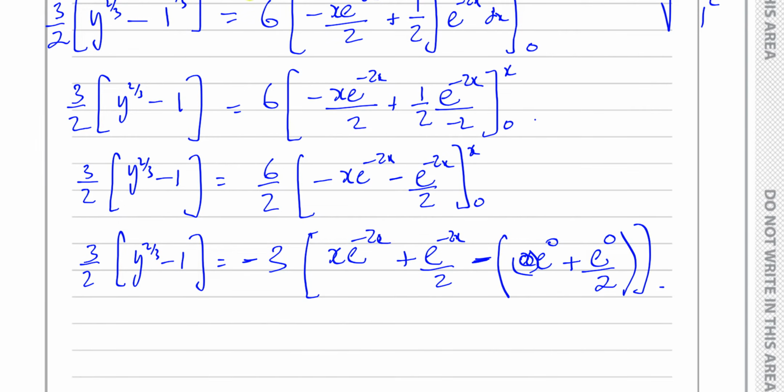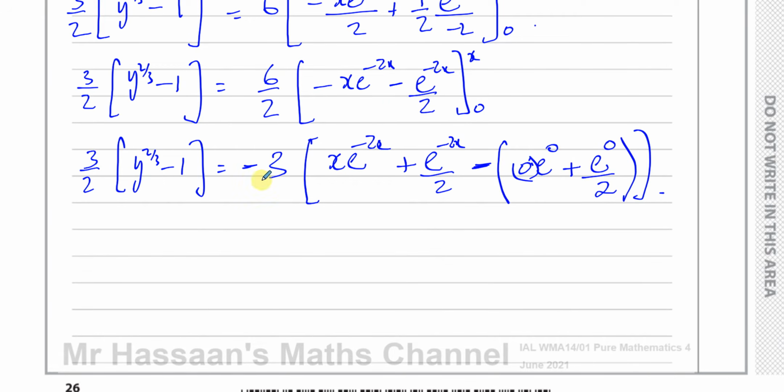So that's got that part sorted out. These became positive here because I've taken a minus out at this stage, so I kind of skipped a step.